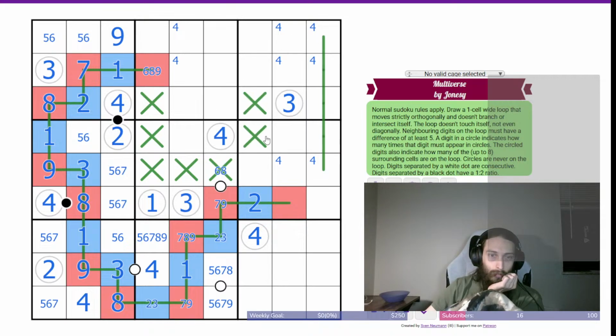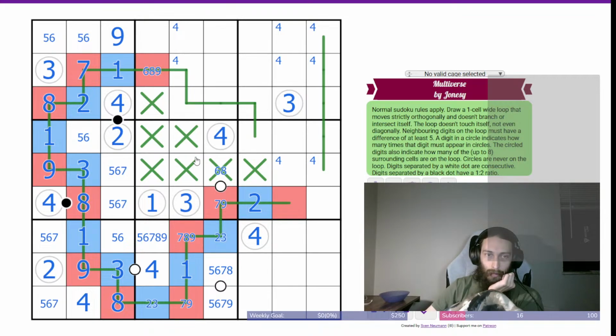But then that would lock out all of those. This one's already locked out. But then I wouldn't have enough for the 4 to work. And we already know that this one's locked out. Because you can't go here without touching the loop again. And you can't go here without being trapped. So it has to be those 4.